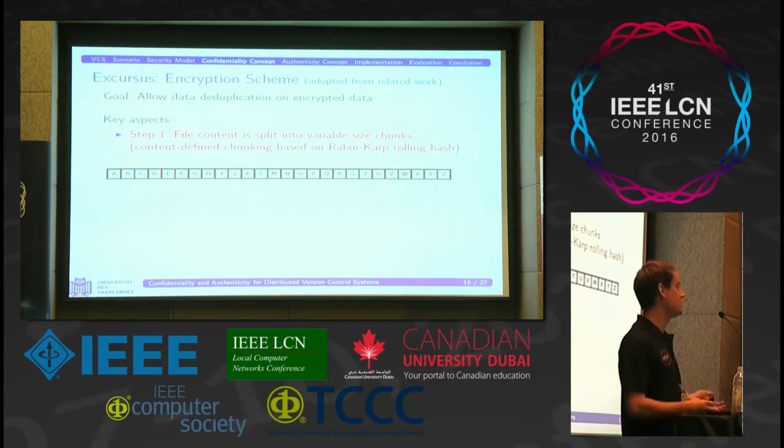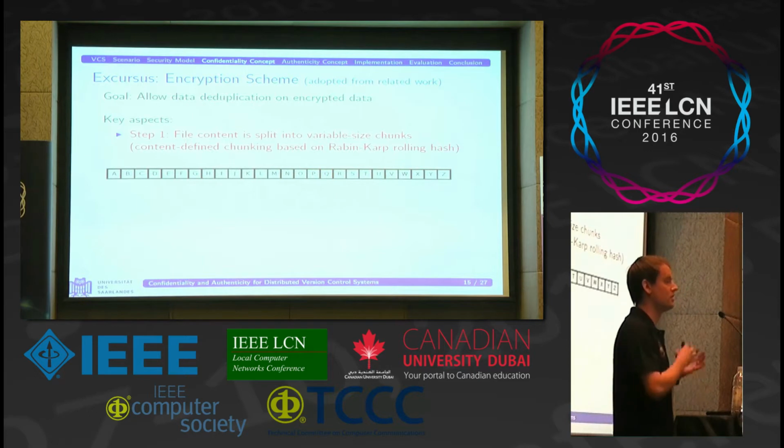The main idea is to split the file content into a number of chunks, which are then deterministically encrypted in a way that they can be deduplicated by the version control system. For the first step, for this chunking, we use a dynamic chunking scheme based on a rolling hash function, which works as follows.